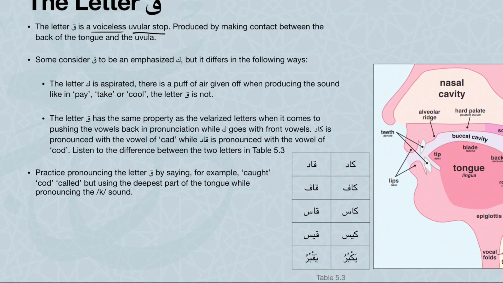Q, q, there's no air coming off. That's why we call it a stop. It stops air from being ejected. It is not a plosive, like the letter p or the letter t. Those are plosives, not stops. But the qaf is a stop. It blocks air from coming out.